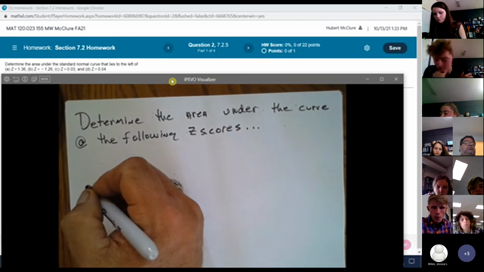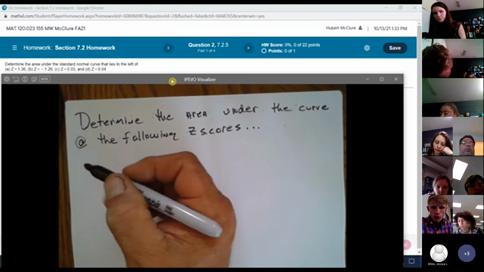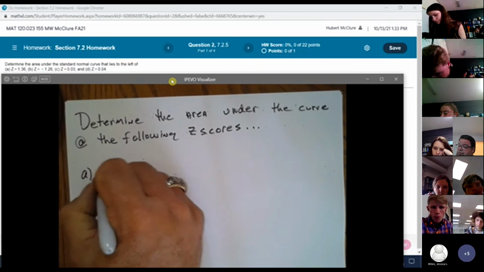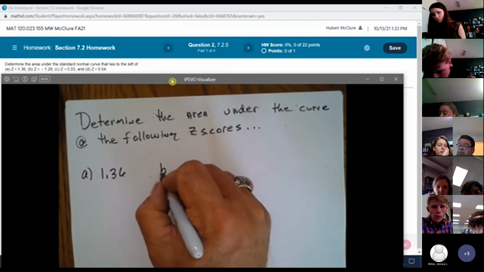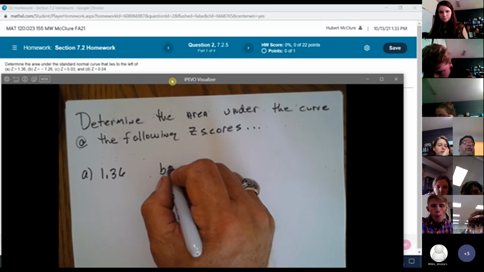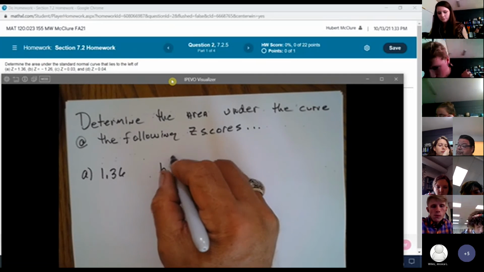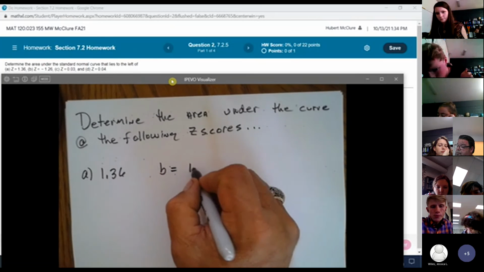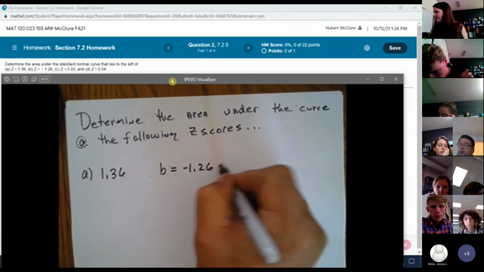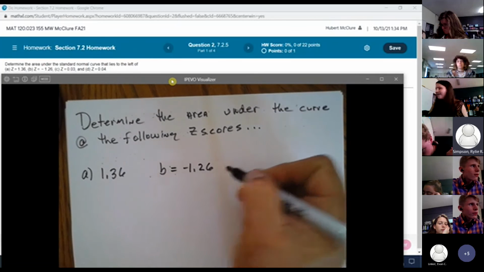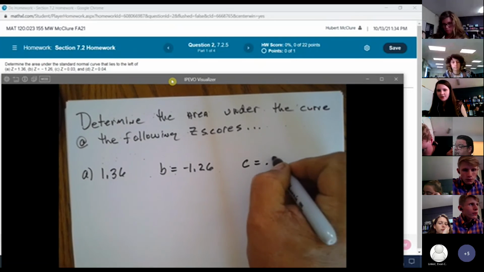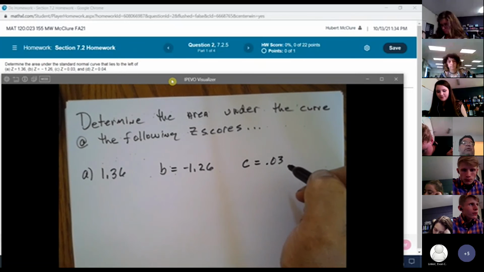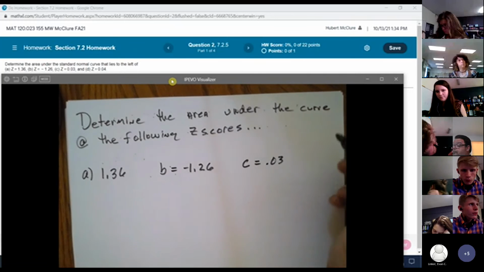A is z equal to 1.36. B is z equal to negative 1.26. C is 0.03. And D is 0.04.